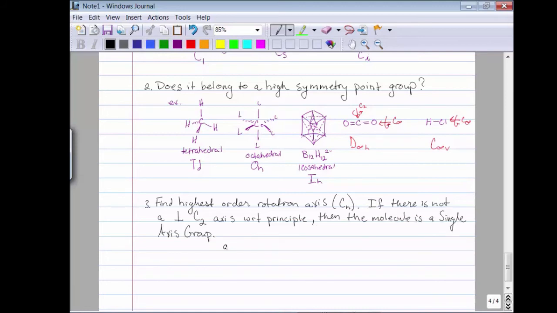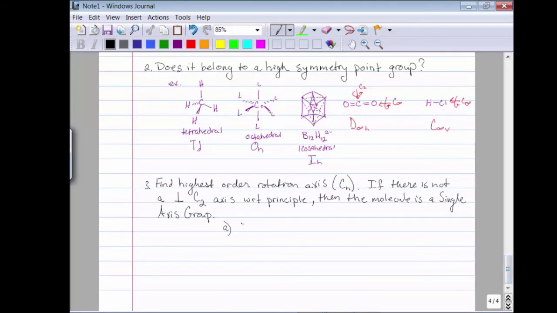And so your single axis groups are, first, CNH, so H for horizontal, if it has a horizontal mirror plane, or a sigma H. So I mean horizontal with respect to the principal axis. So an example of this is this molecule, where I have a C2 axis.